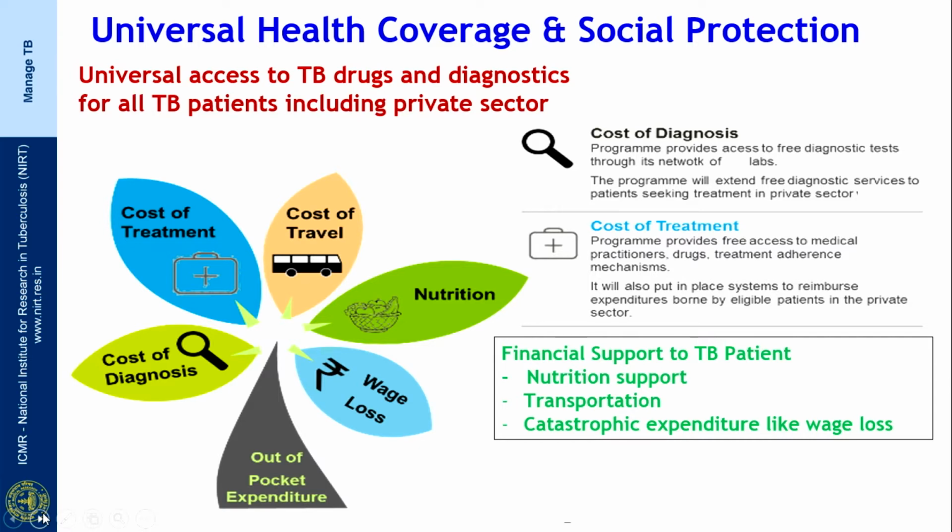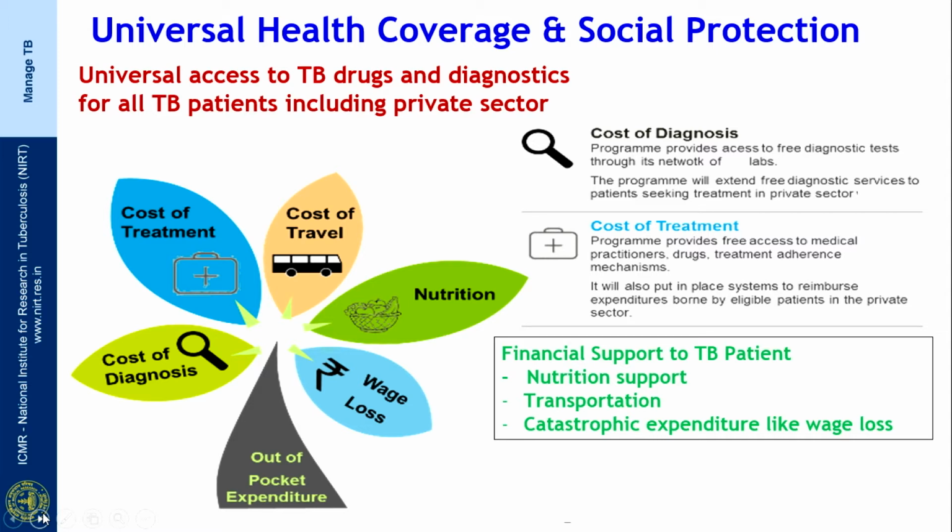Then the cost of treatment: the program provides free access to medical practitioners, drugs, and treatment adherence mechanisms. That means the program has linkage with private practitioners with the help of certain mechanisms. PPSAs are there, and with their help the program is providing free access to medical practitioners in terms of drugs, treatment and adherence mechanisms.